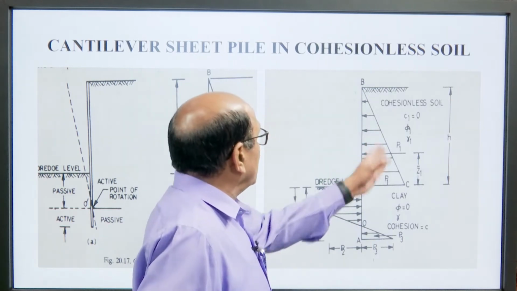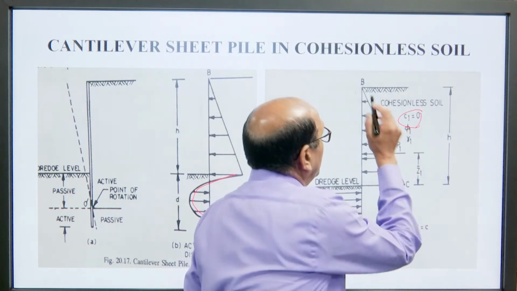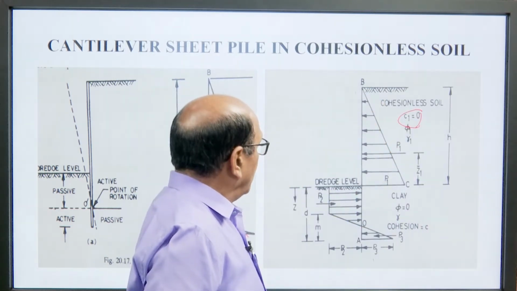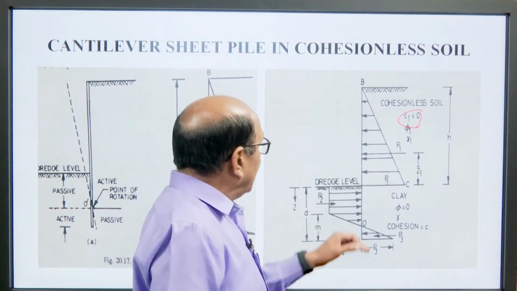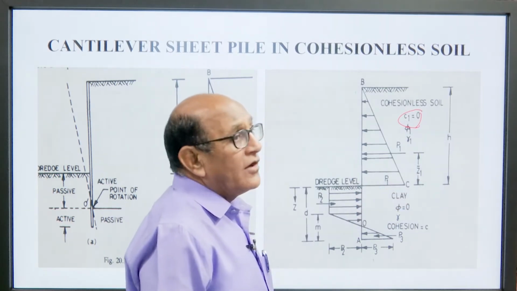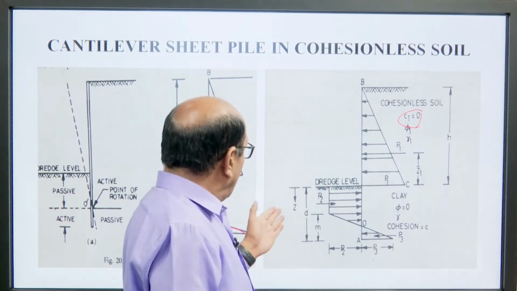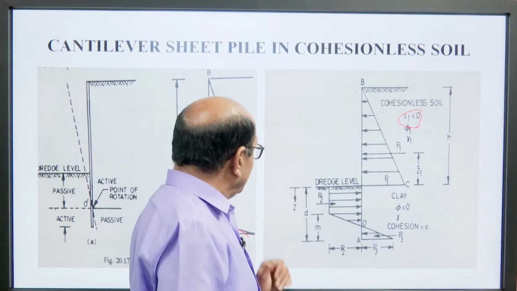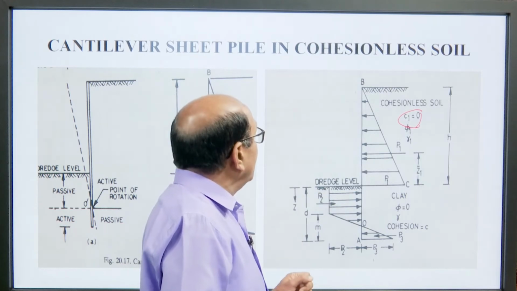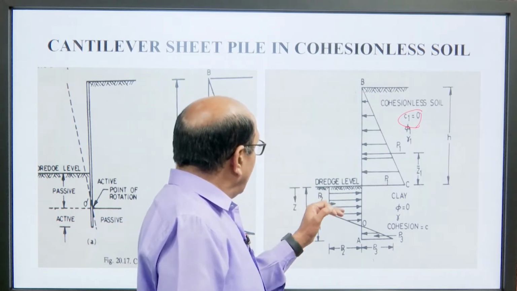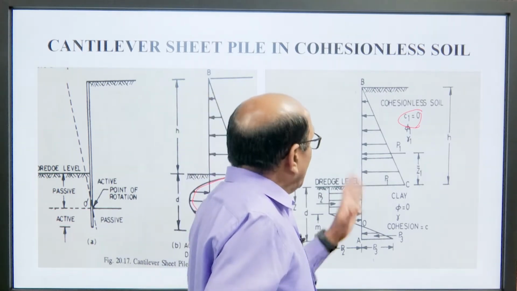Now, this is the cohesionless soil. So, here C will be 0. Okay. So, P, the active force, acts at Z 1 bar. This is the dredge line and again the depth of the dredge level is d. The passive forces act on the pile below the dredge line, because this is cohesionless soil.